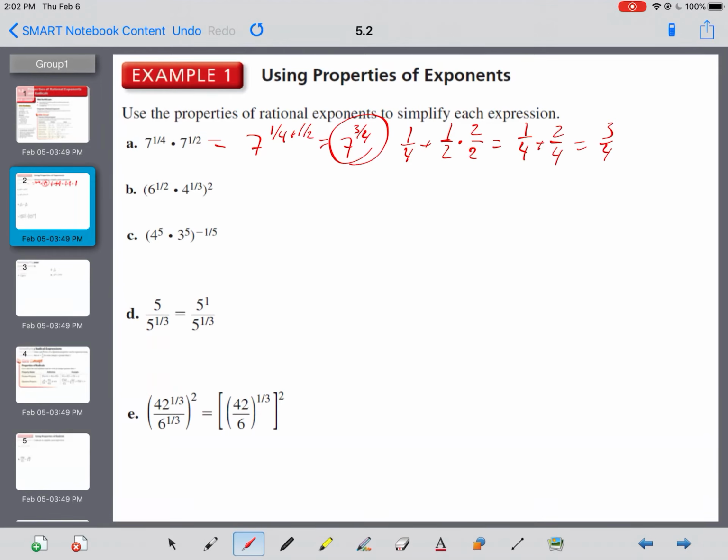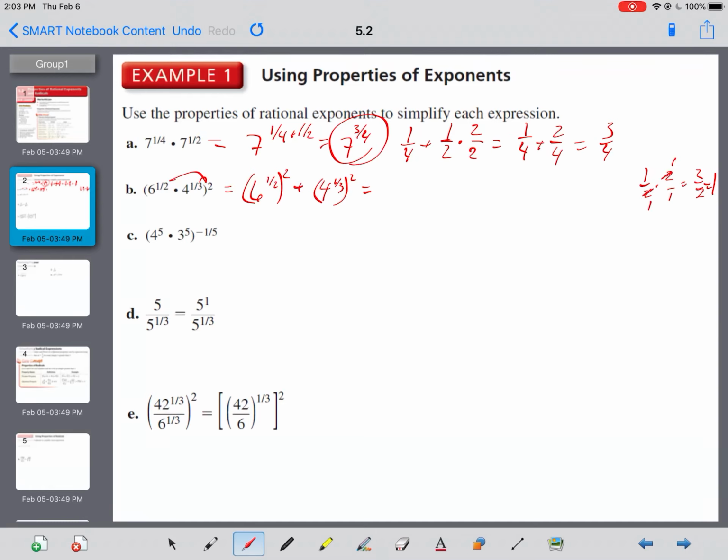Now, B, they don't have the same base, but they're to an exponent. So this becomes 6 to the 1/2 squared plus 4 to the 1/3 squared because it distributes to both. So when we multiply fractions, 1/2 times 2, it's basically 2 over 2, which is 1.